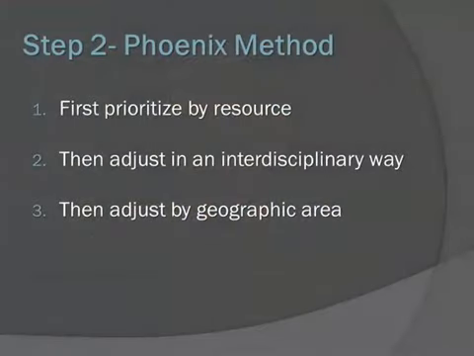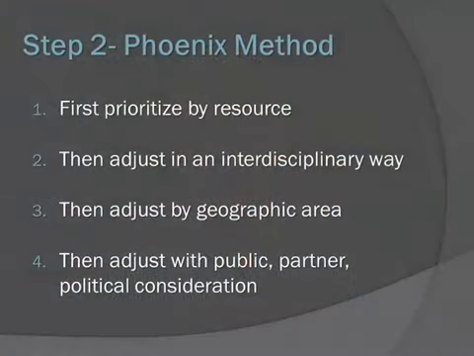After that, we went through it in a geographic way to highlight things geographically, and that too set a change of priorities. And then finally, there were the external and political considerations that we looked at, and surprise, surprise, priorities changed yet again. But it was going through that process that was so important in being able to set those priorities for the RMP implementation plan.